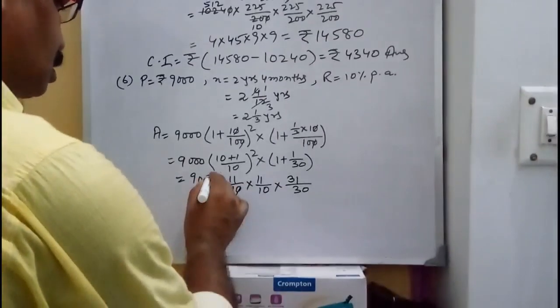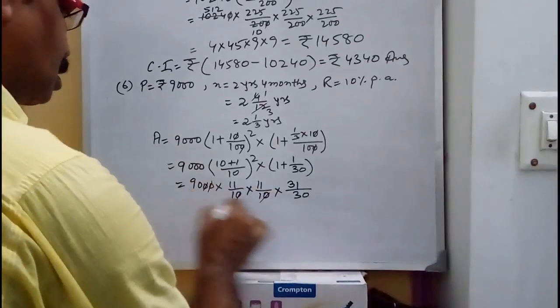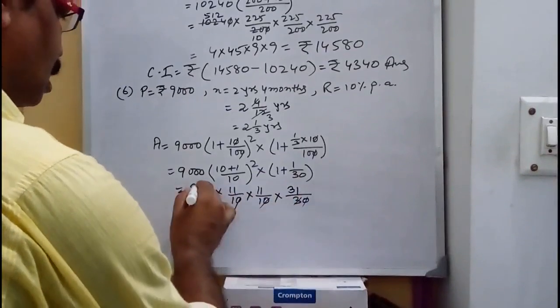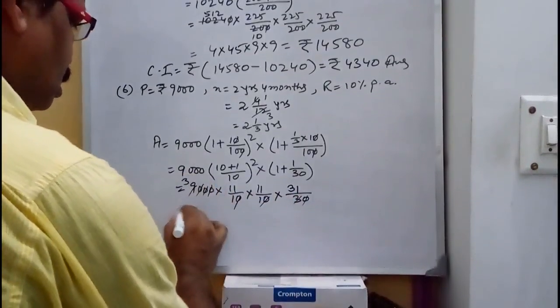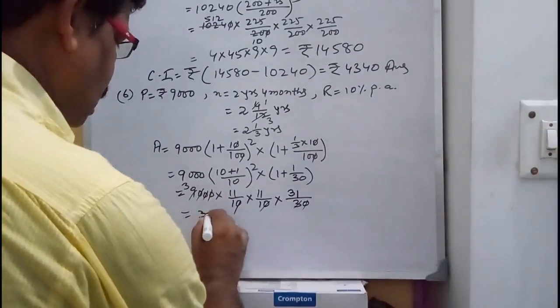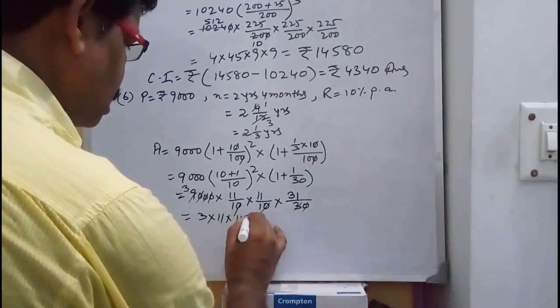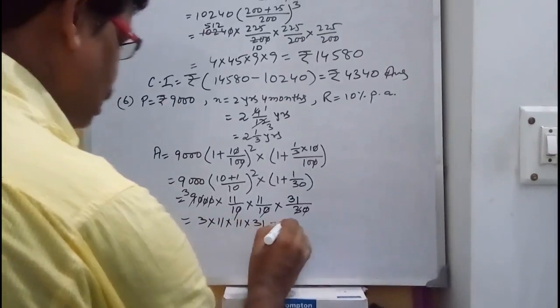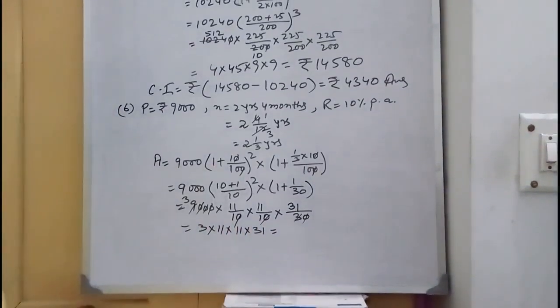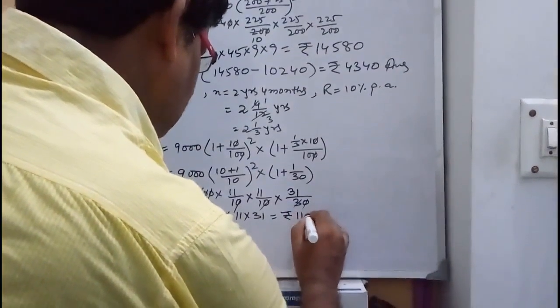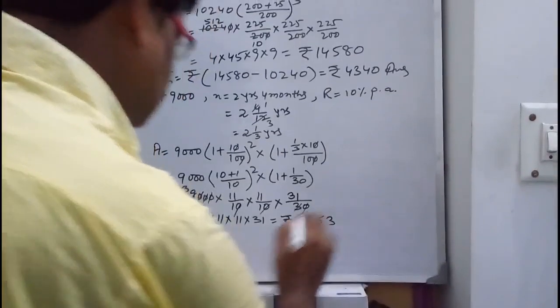Now cancel the 0s, 3, 3, 9. Now multiply 3 into 11 into 11 into 31, which is equal to 11253.